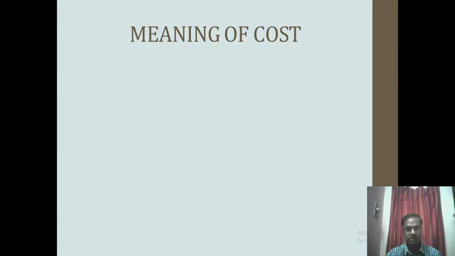Now let us discuss what is the meaning of costs. Why do we study costs? The main aim of studying costs is, the main objective of the producers is to get profit.